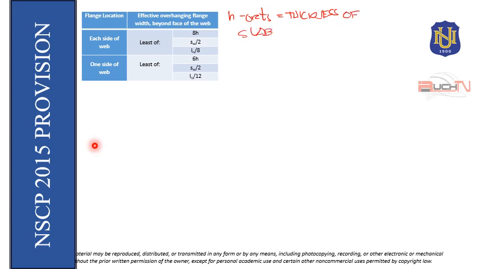Ngayon, pwede natin siyang i-interpret na diretso as B sub F will be equivalent to B sub W plus 16H. Automatically, substitute lang natin dito yung thickness of the slab.